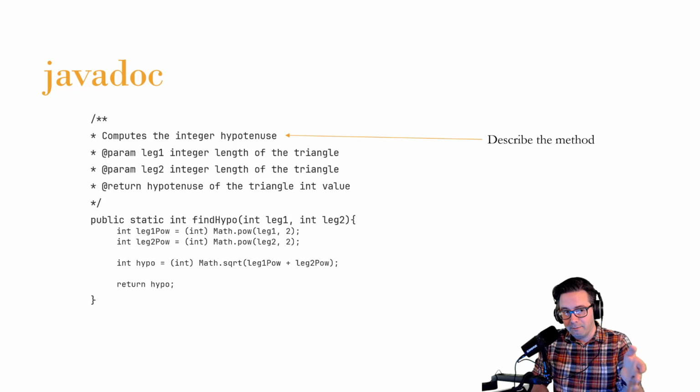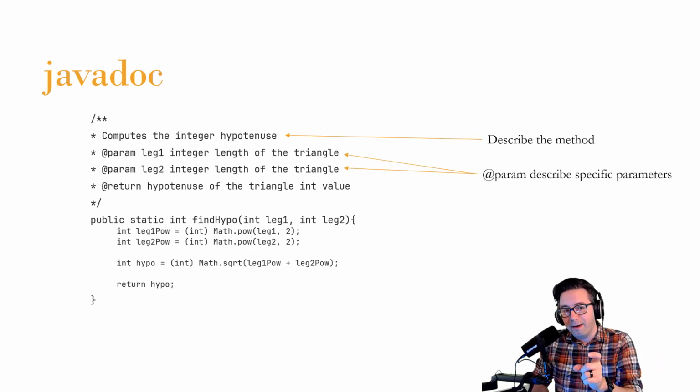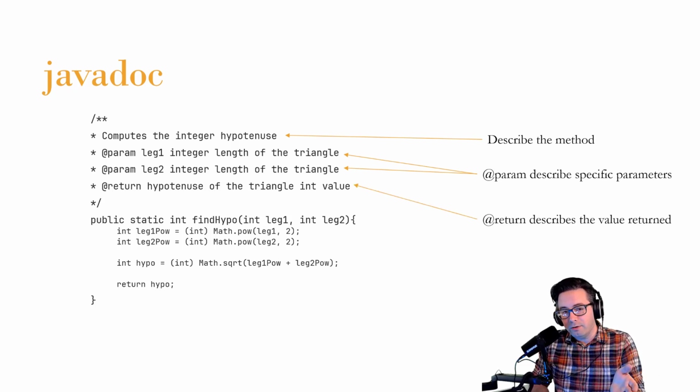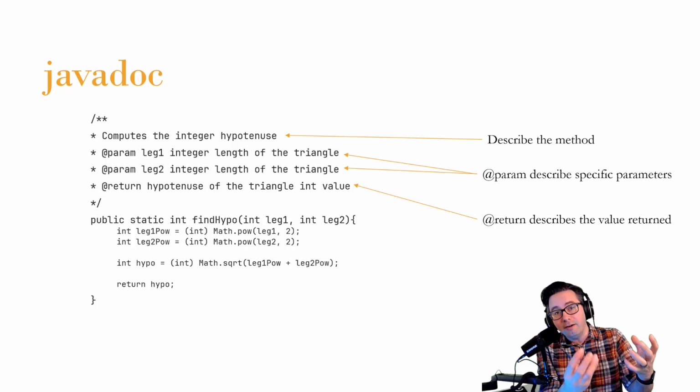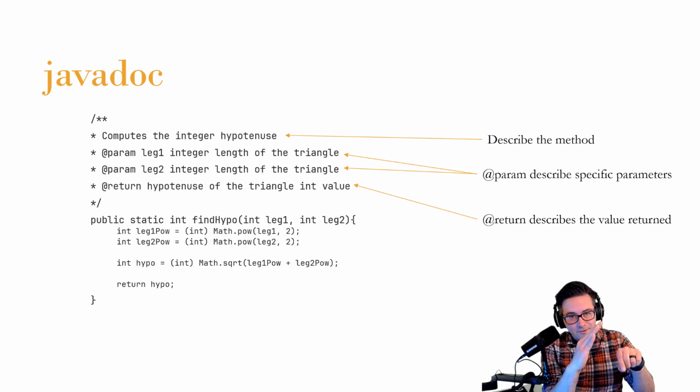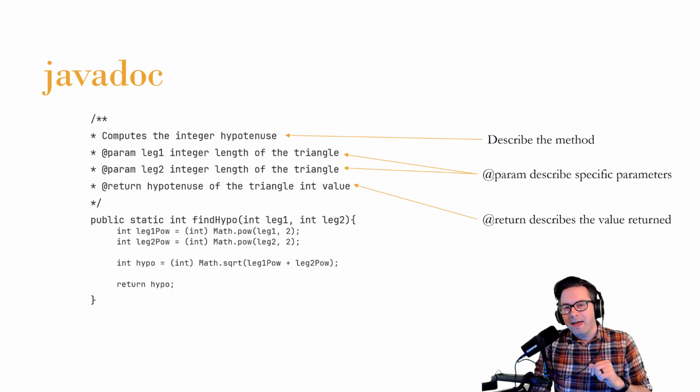You have to put that in there, but it has the space for it. And then it comes up with the different parameters that you've put in, and you just have to describe them. And then the return, it does the at return, so you can describe the return value. Essentially when you do that slash star, it gives you a template for the javadoc.